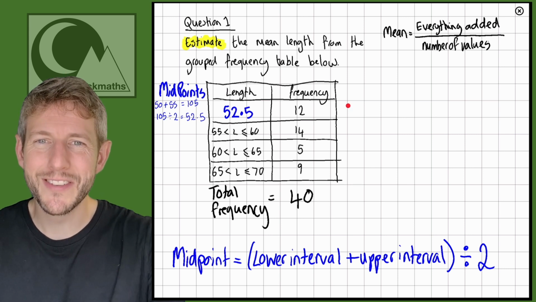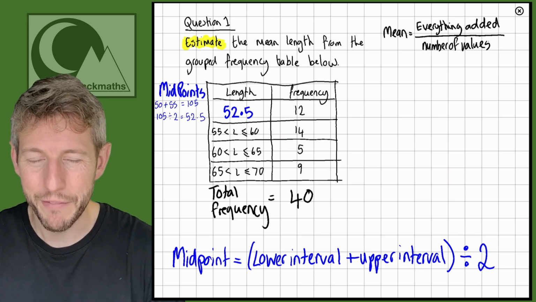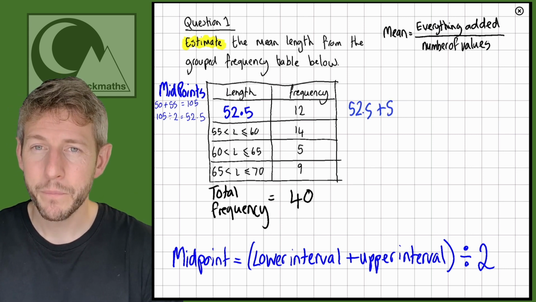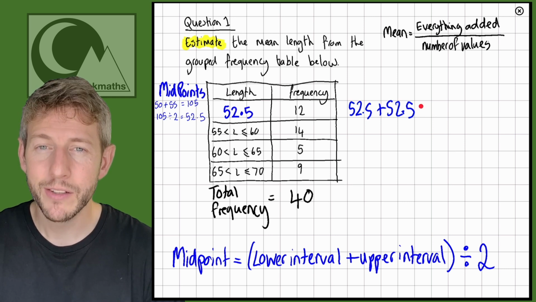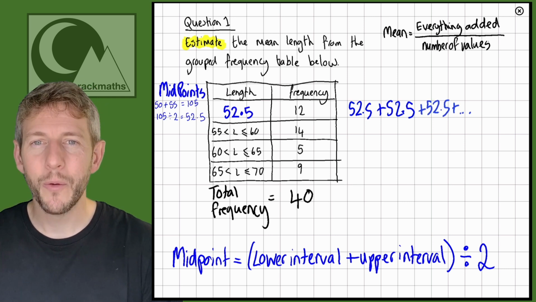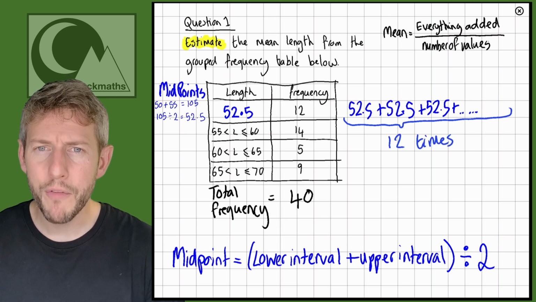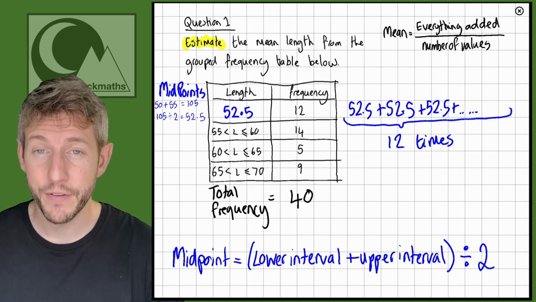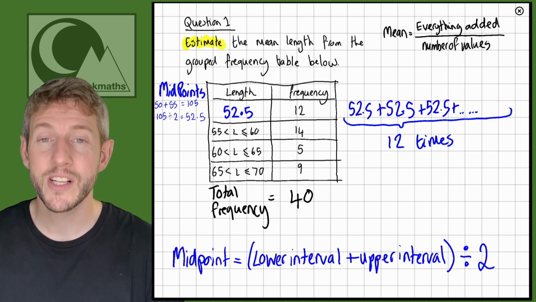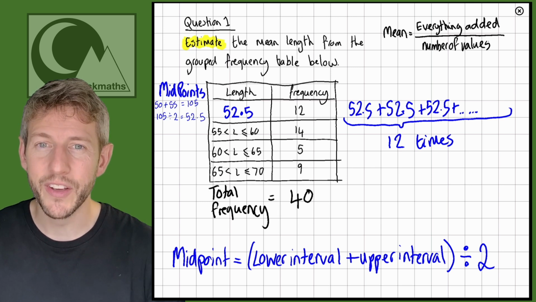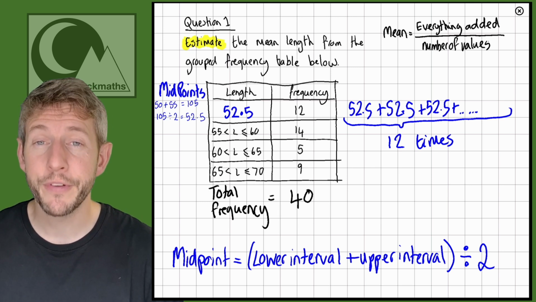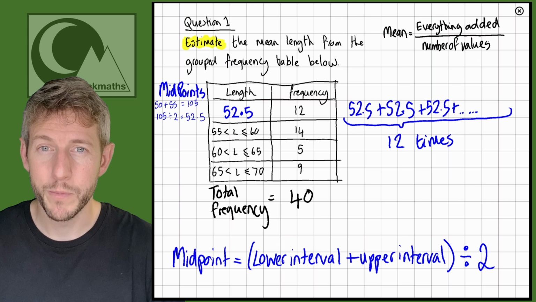So if I wanted to add them all together, I would just add 52.5 together 12 times. We all know that would take a long time. Rather than doing 52.5 add 52.5 add 52.5 12 times, we can just do 52.5 times 12.